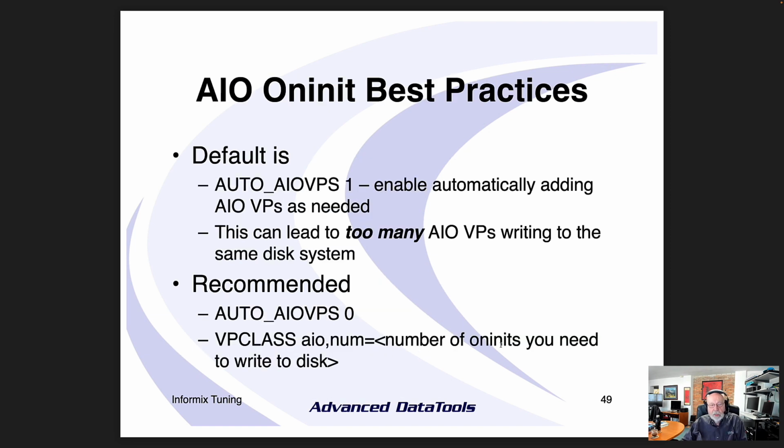The other thing you want to look at is the number of AIO VPs that you have. Remember, these are processes that write to a disk. If you have too many AIO VPs, they can become a bottleneck.